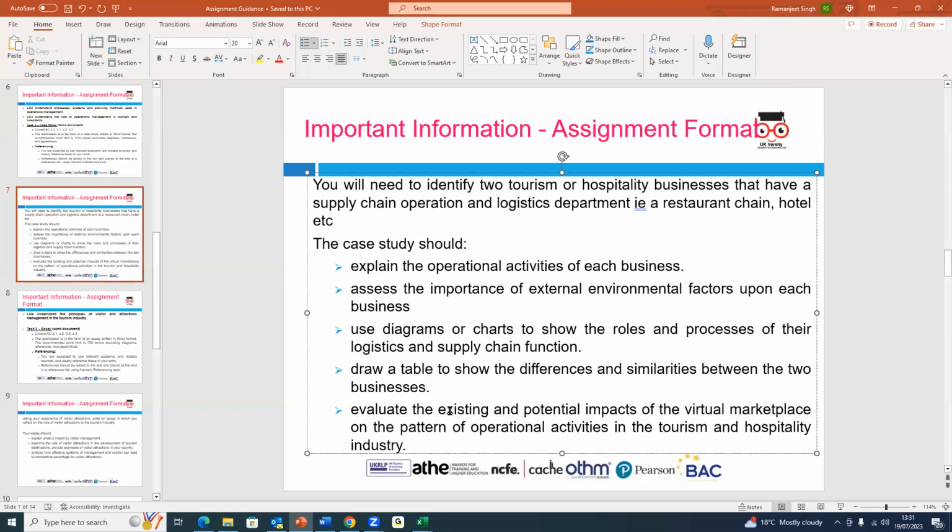What's the effect of e-marketing or online marketing activities? Okay, existing and potential impacts of the virtual marketplace on the pattern of operational activities in the tourism and hospitality industry. So you look at how the online market has affected the tourism industry.